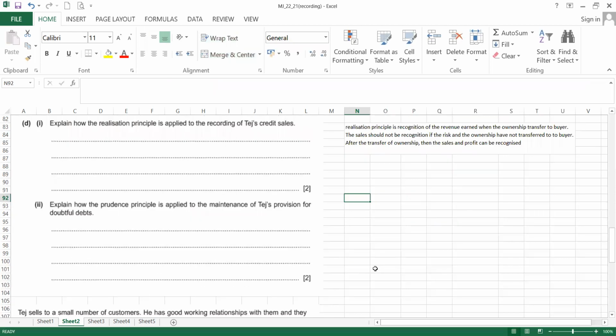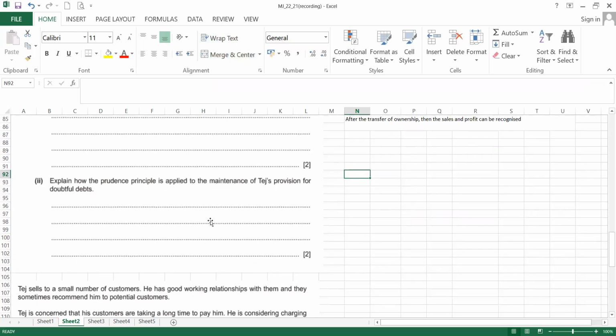Okay, now next is, explain how prudence is applied in maintaining the provision. Prudence generally is talking about profit and the asset should not be overstated. So we talk about the general rule first.